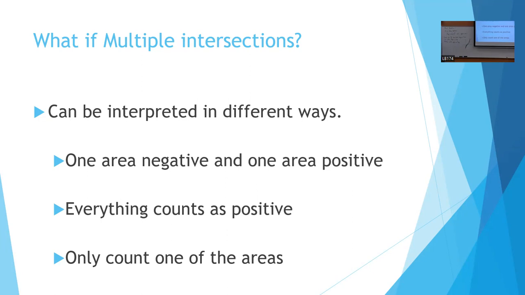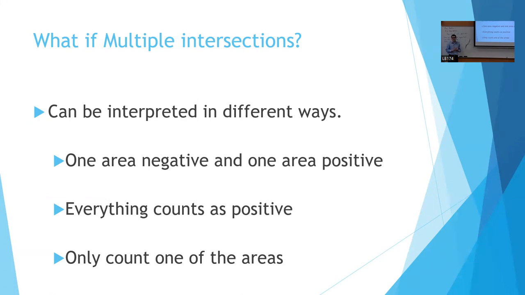So if you ended up looking at a question like that, find the area between two functions or find the area of the bounded region determined by two functions, you'd want more information to be able to do it. We can find each of those areas separately, fairly easy, and then just determine what we want. If both those areas are counted as a positive, then we add them up.